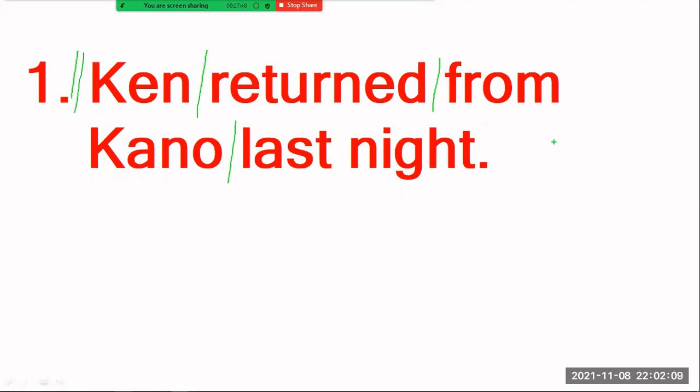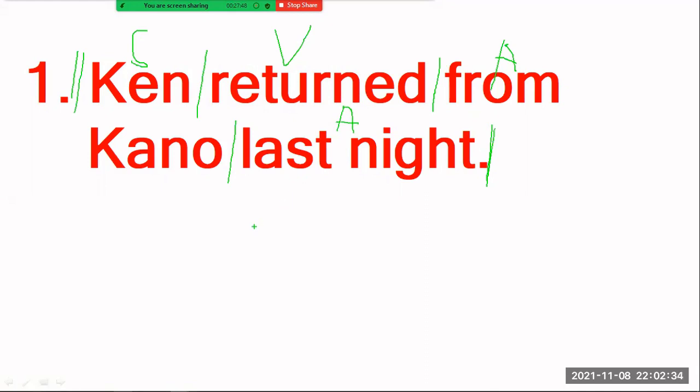From Kano is an adjunct. And last night is also an adjunct. So what do we have here? This is the subject. This is the verb. This is the adjunct. And this is another adjunct.